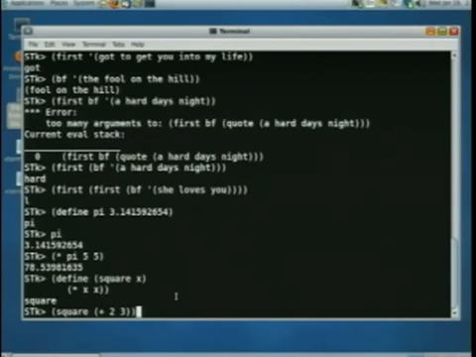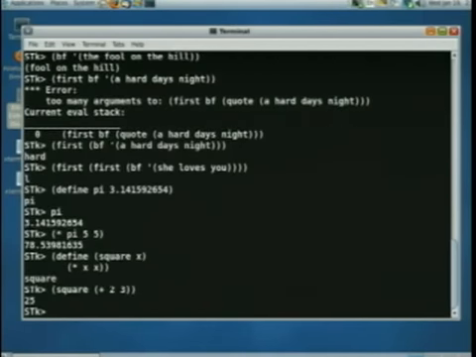So we get the value 5. Good. And now, in the body of square, wherever we see an x, we put in 5. And so we get times 5, 5, and that's 25. So that's the rule of evaluation for Scheme, almost always.